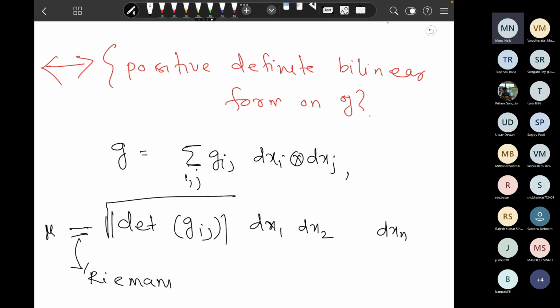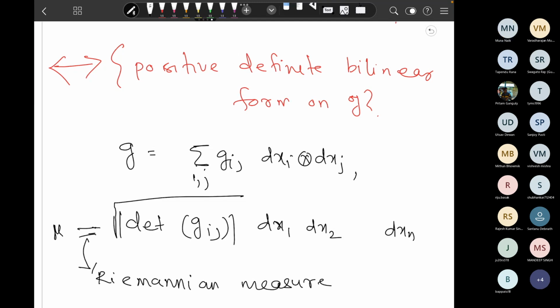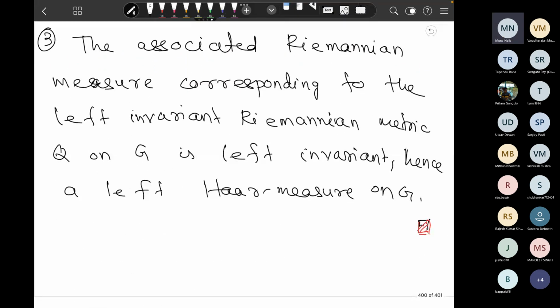Now the thing is, one gets a Haar measure, but Haar measure is unique up to a scalar multiple, right?